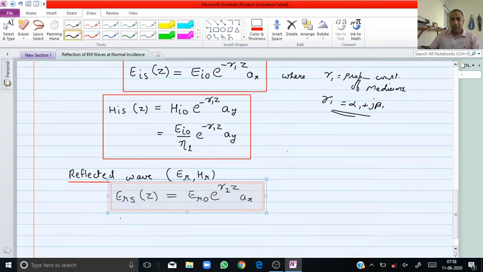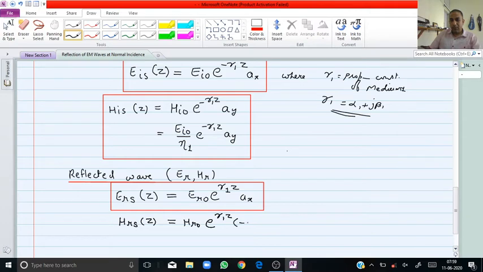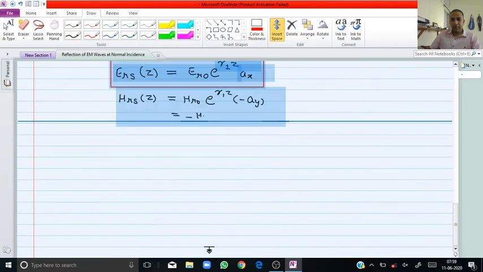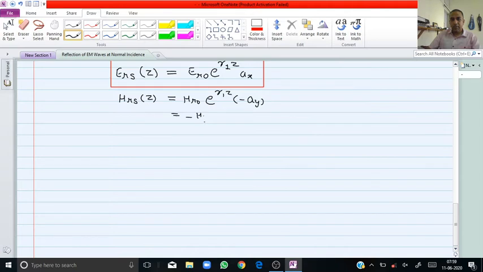Now for HR it will be like this, HR naught e raised to power gamma 1 z, but the direction is now changed, so this will be minus ay. We can also write this by taking the minus sign outside: HR naught e raised to power gamma 1 z ay.